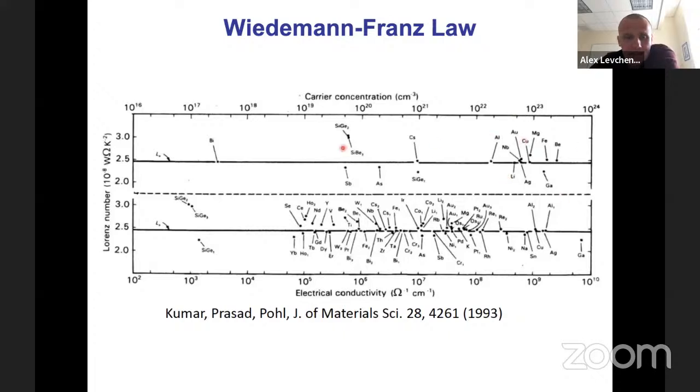Again, all of the systems are labeled here, and the cut line is the bare Drude value prediction. So it's not something very unique. It is seen experimentally in many systems. So deviations from it are quite interesting on their own.